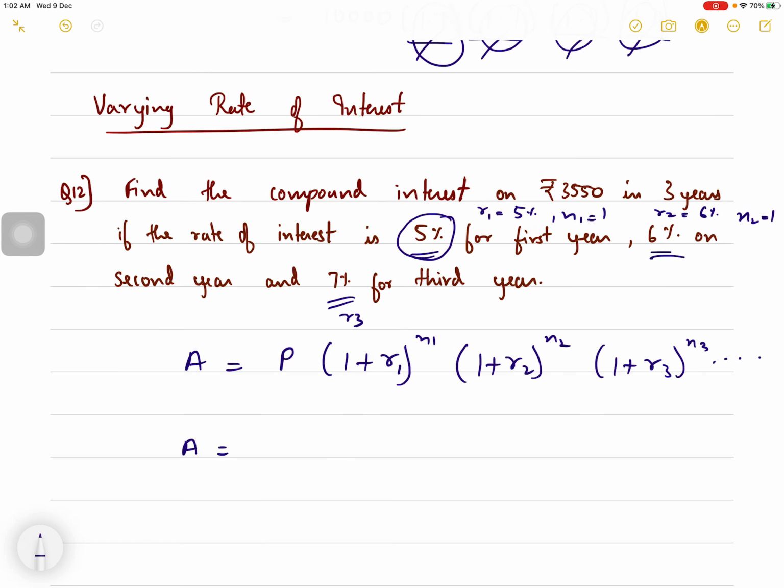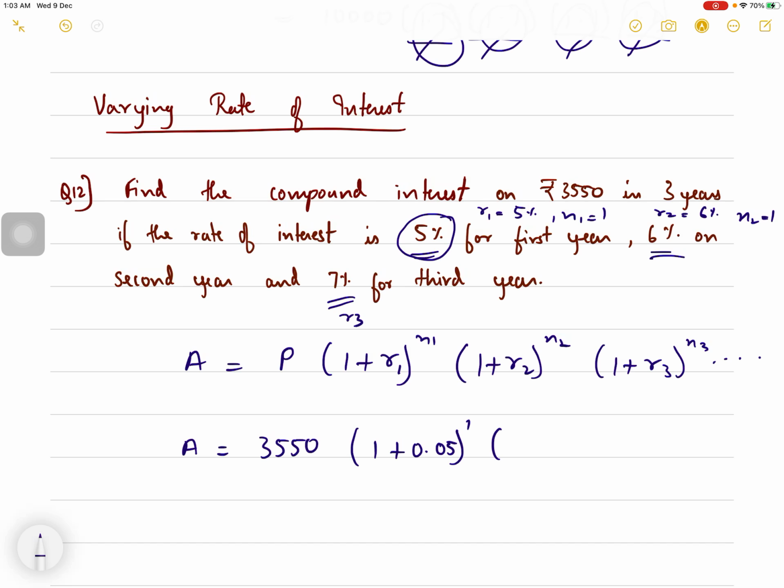So amount is equal to, principal is 3,550, into 1 plus R1. R1 is 5%, so 1 plus 0.05 raised to N1. The interest is 5% only for 1 year, so raised to 1.